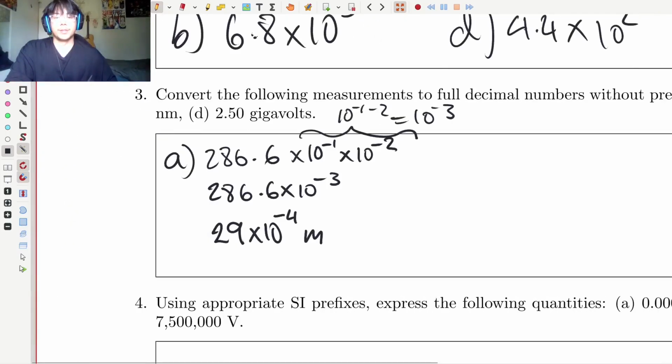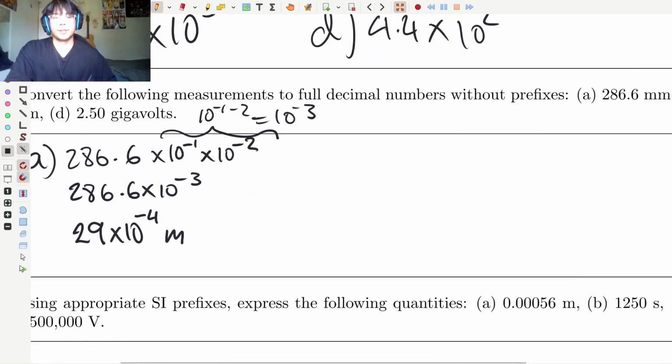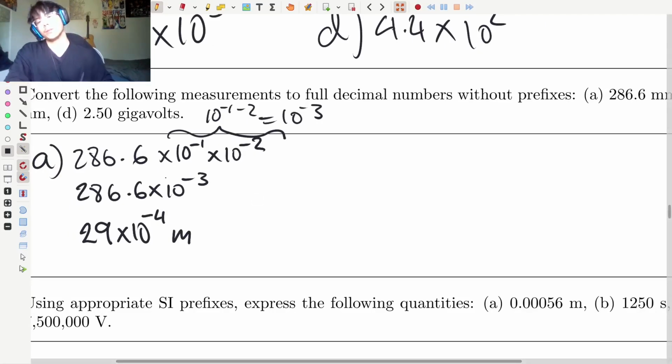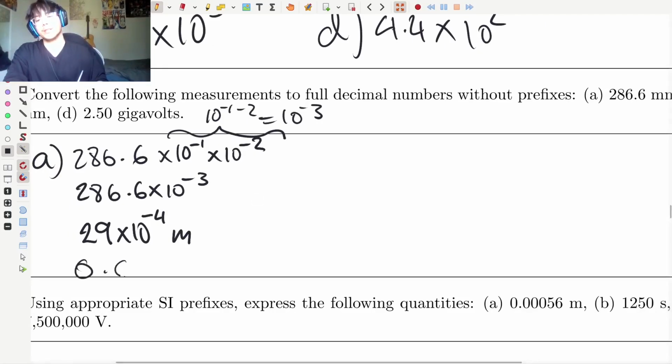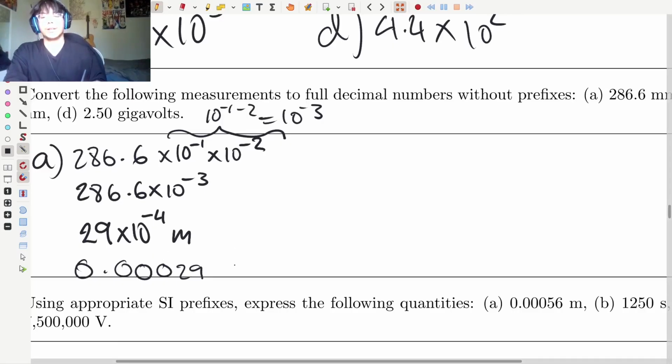Or you can do 0.00029, 1, 2, 3, 4. So this is maybe what it's asking us to do, full decimal numbers. So I'm guessing maybe that.